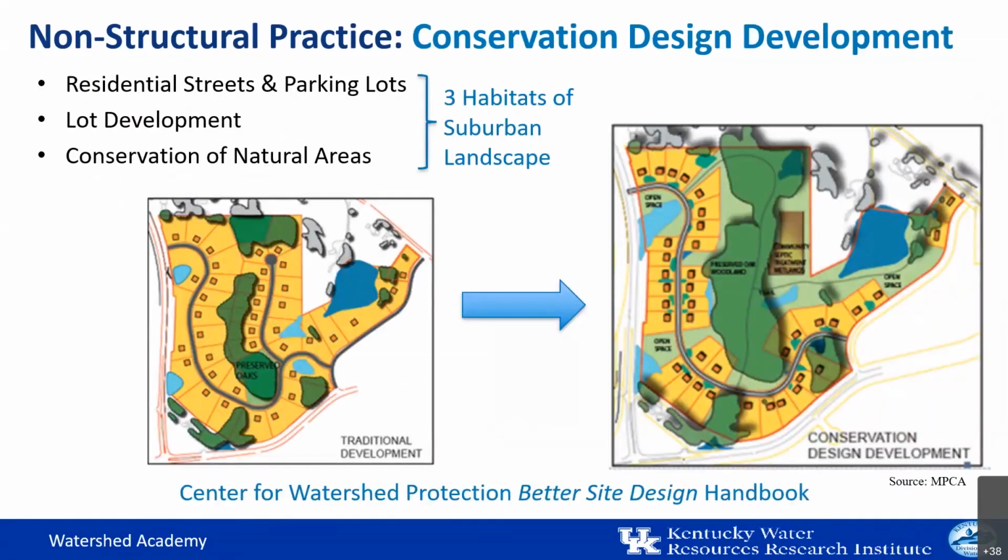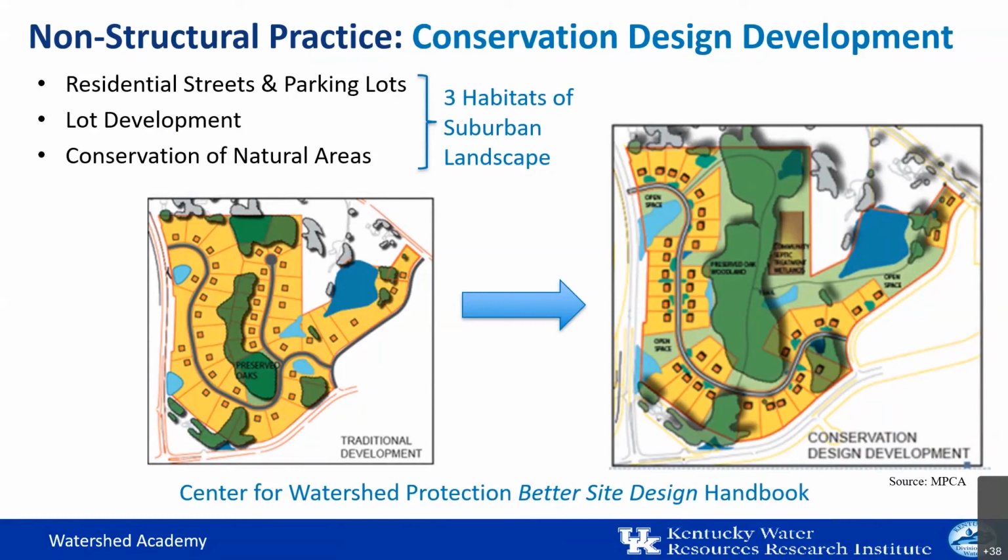Finally, the last practice that's to be covered today is conservation design development. These sustainable development approaches are promoted to encourage economic growth while also protecting the natural environment, including water. The Center for Watershed Protection has developed a really helpful Better Site Design Handbook that includes model development principles.